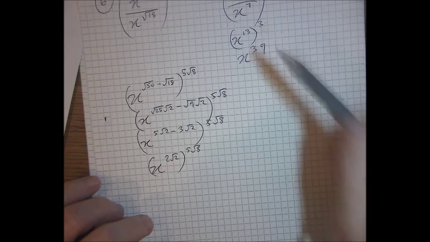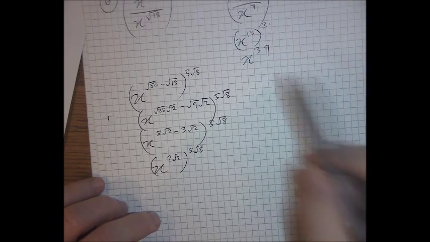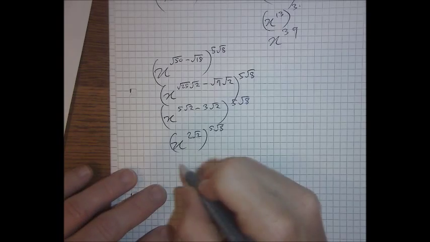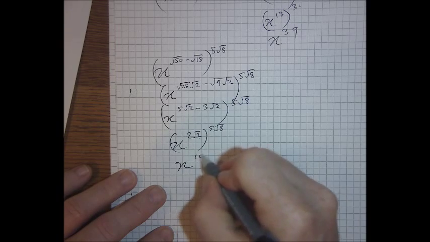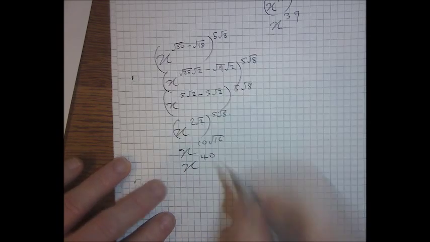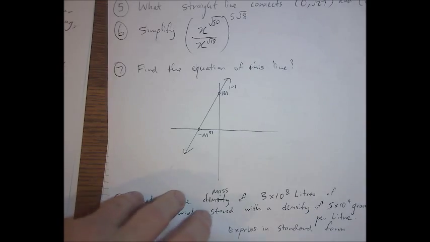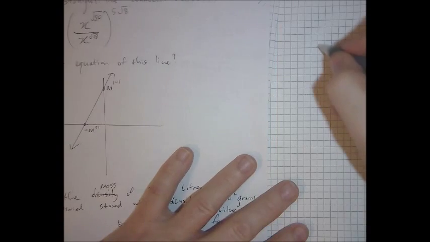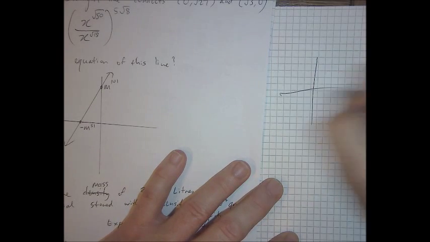Now, if I multiply the 13 and 3 to get 39, I now multiply this and this. That's non-rooty times non-rooty and rooty times rooty, which is x to the power of 40. So a simple version of that problem would just be like this.